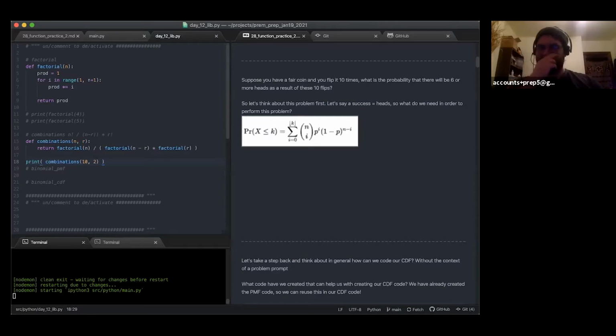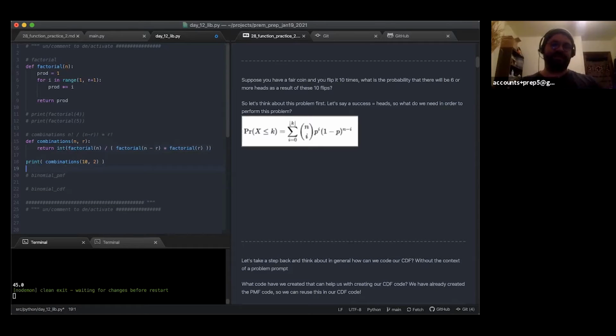Yeah, 45 for combinations. Cool. That does return as a float. It'll only give me whole numbers back, so I'm just going to cast it as an int right in there. So combinations will always give me an int back now, which is kind of nice.